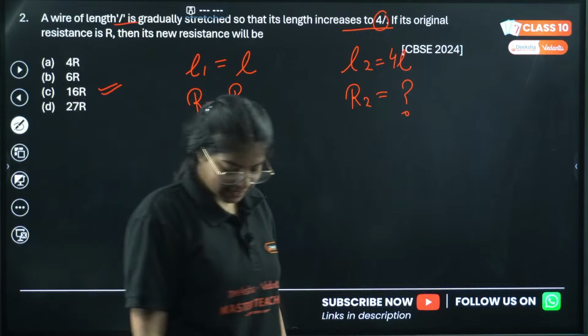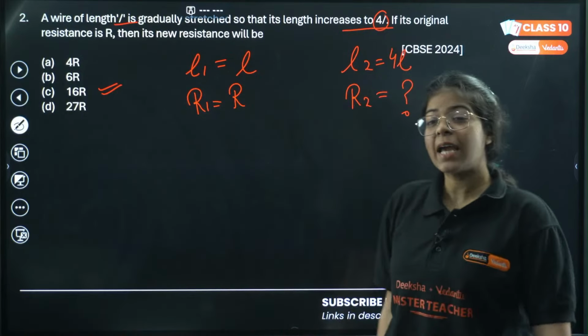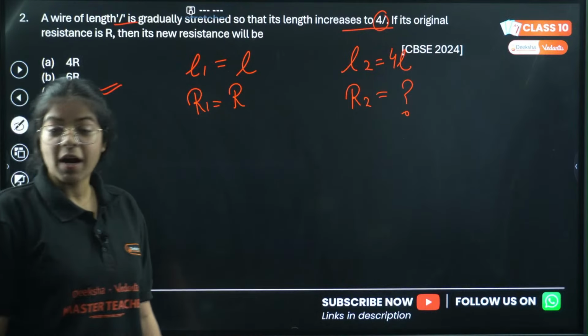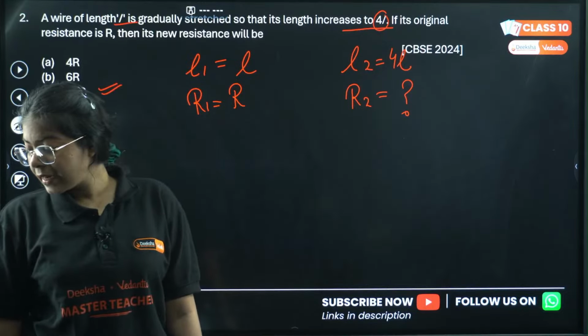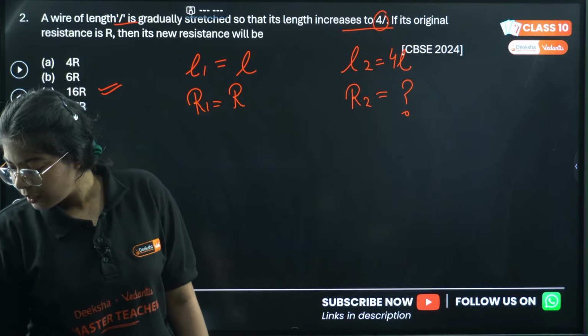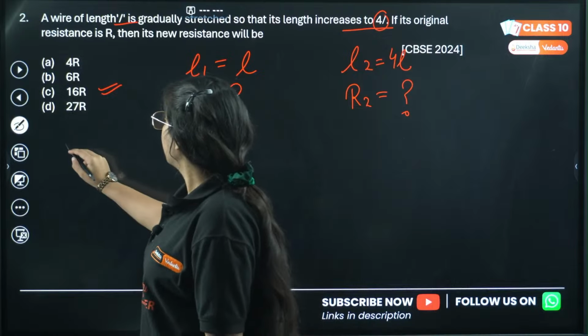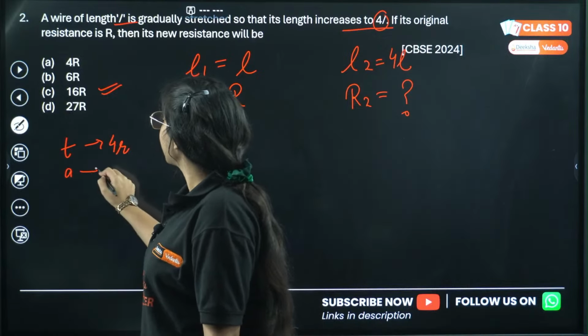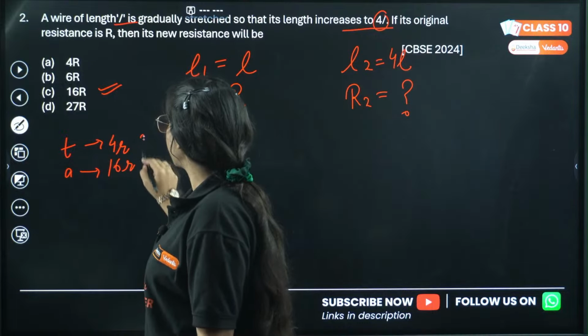Trev is saying 4R. Anyone else who wants to answer this question? I want you guys to take care and answer this question carefully. Trev is saying 4R, and Amit is saying 16R. Let's see who's correct.